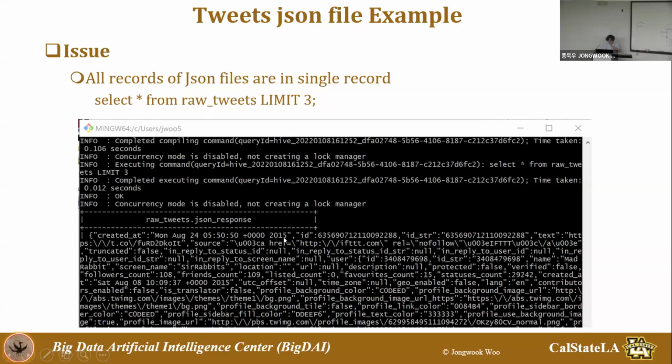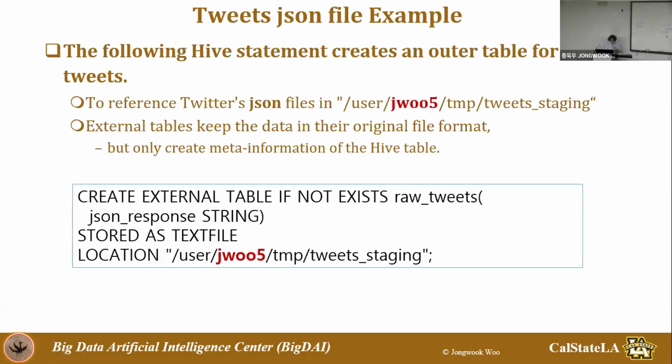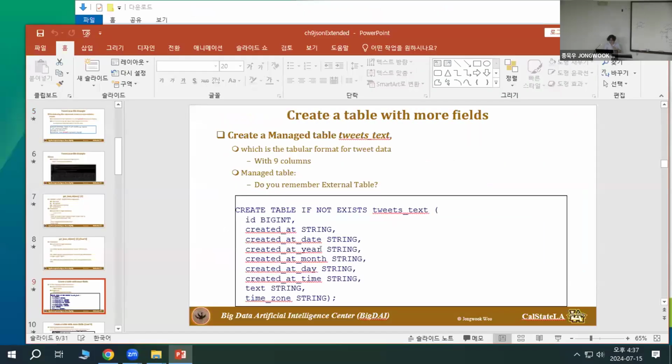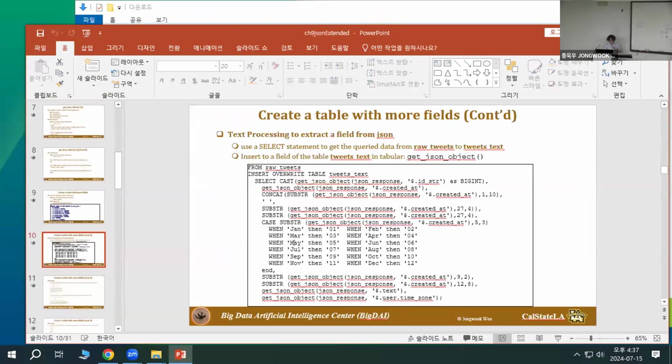That is 2015. Okay? Actually, year. So for first column, you read the created at, and then you call substring to read from 27th character for 4 characters.